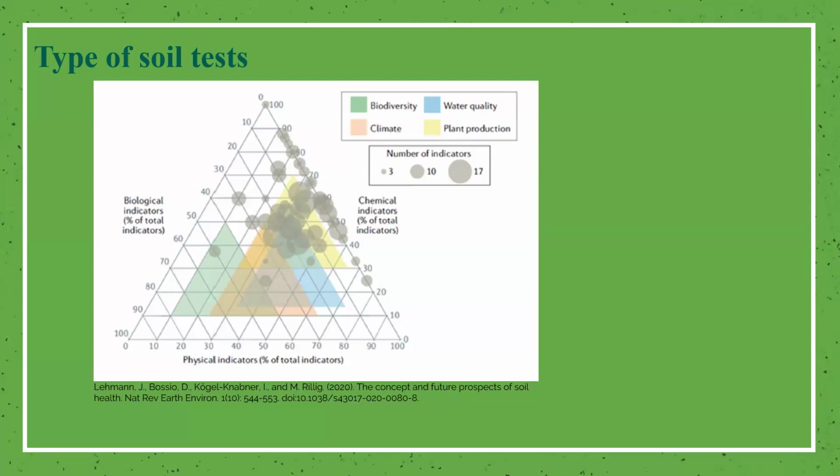The diagram here depicts an analysis of different soil health assessments. There are indicator assessments for biological, physical, and chemical properties that touch on biodiversity, water quality, climate, and plant production. Most assessments include chemical analysis with varying degrees of inclusion of other category types of assessment.